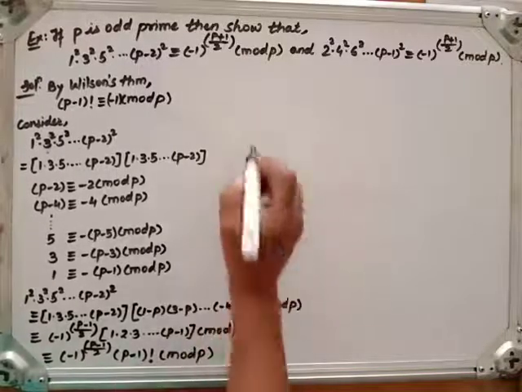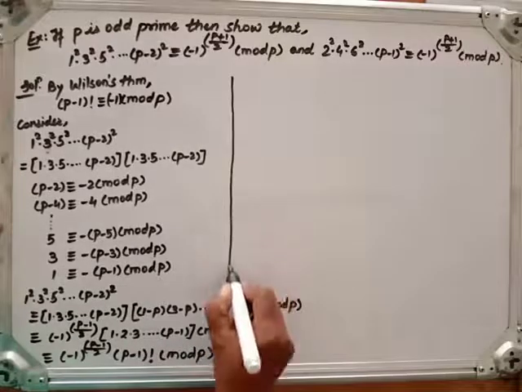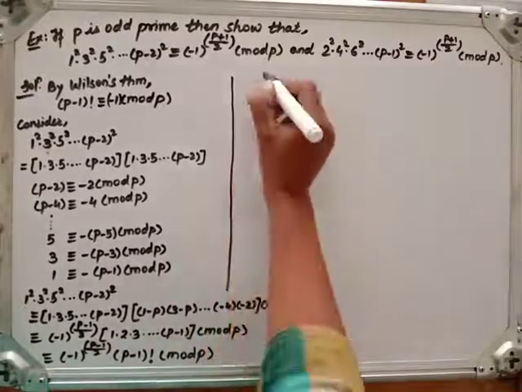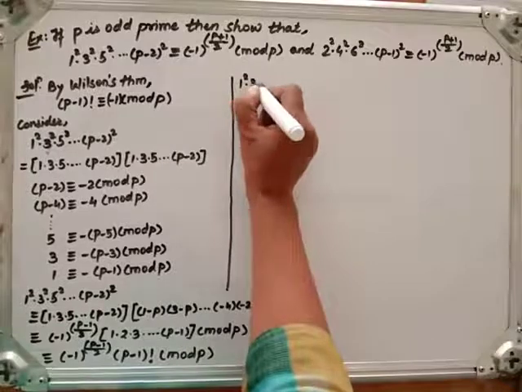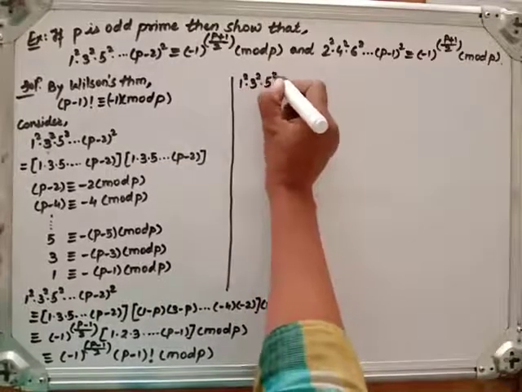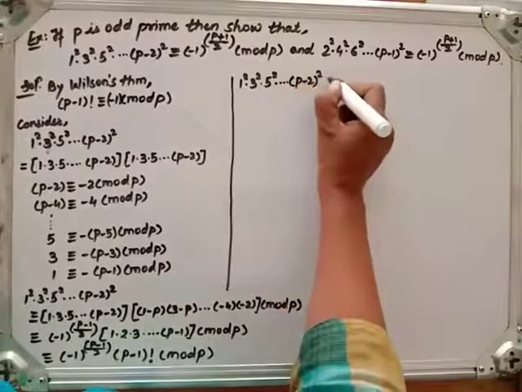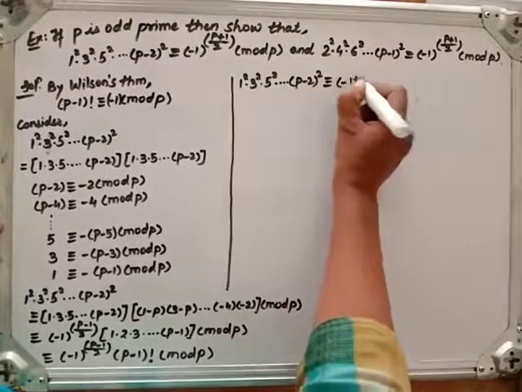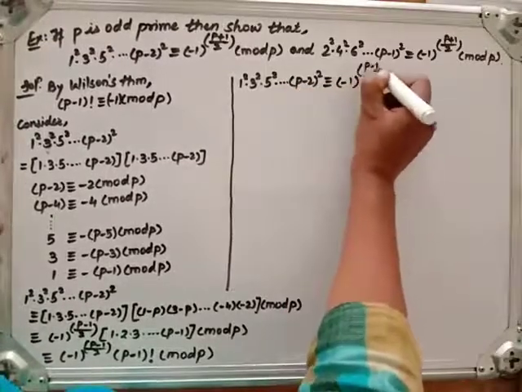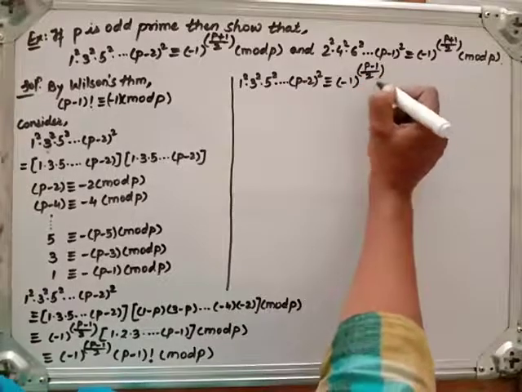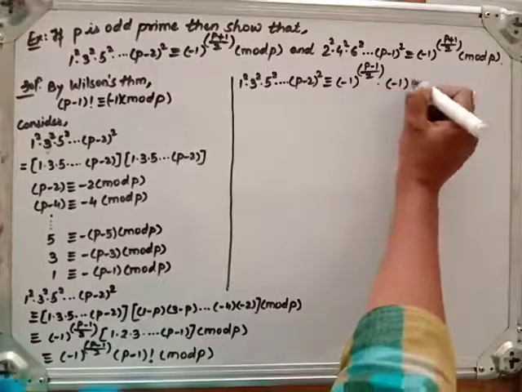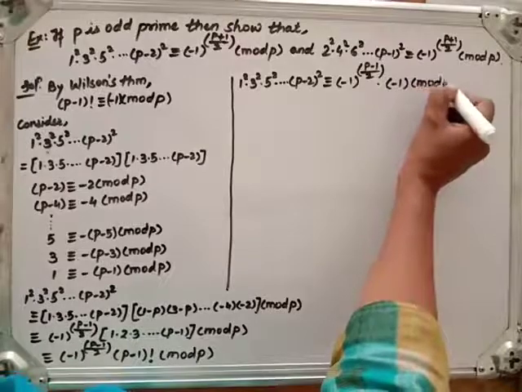So by Wilson's theorem, its value is how much? Minus 1. So here we can say 1 square, 3 square, 5 square and so on up to (p minus 2) square is congruent to what? Minus 1 raised to (p minus 1) by 2 into minus 1 modulo p.